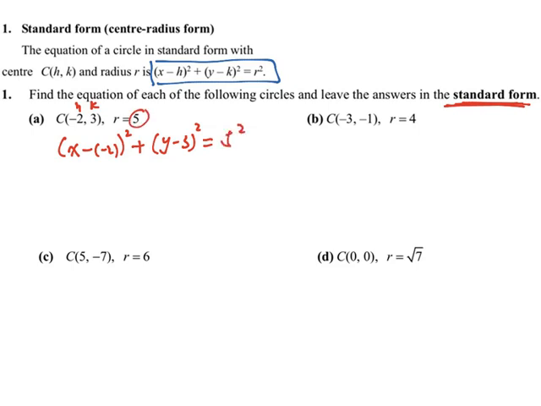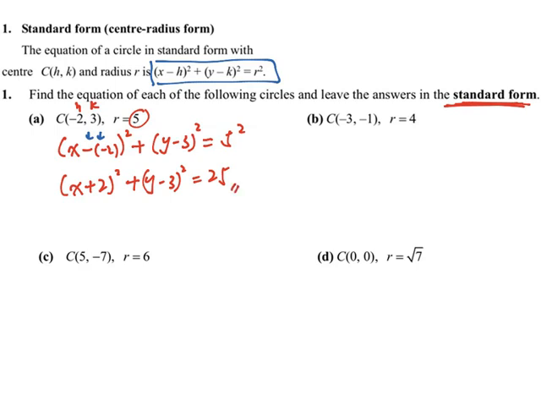And then we know this is negative, so it becomes positive. So (x plus 2) squared plus (y minus 3) squared equals 25. Actually, it is the answer, the equation of the circle.